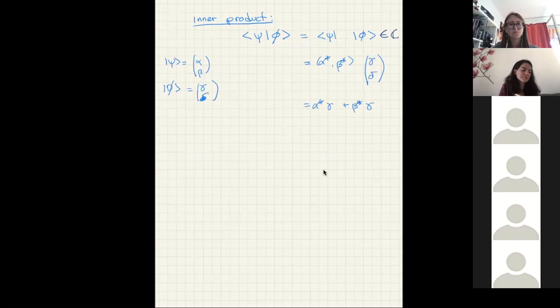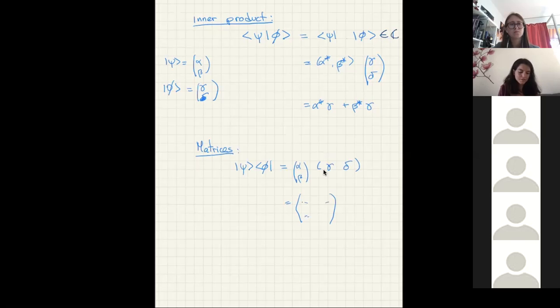In the same way, we can have matrices, which will be more important later on. So this should be the opposite, a ket bra, and this will be (alpha, beta) times (gamma star, delta star), and this now will be a 2x2 matrix, right?